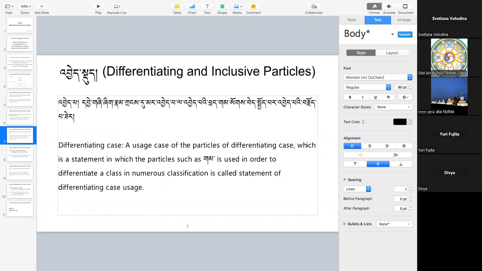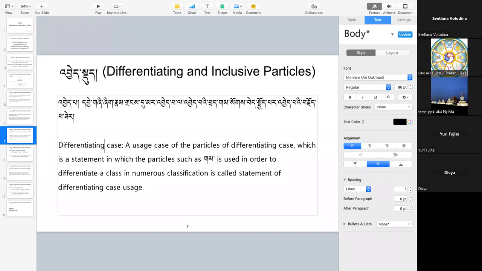So a main group or a main class, for example, let's say fruit. Fruit is the collective noun, and then it is differentiated into many sub-collective or subordinating nouns. For example, apple is a subordinating noun of the collective noun fruit. So the fruit is now differentiated into many different types of fruit.